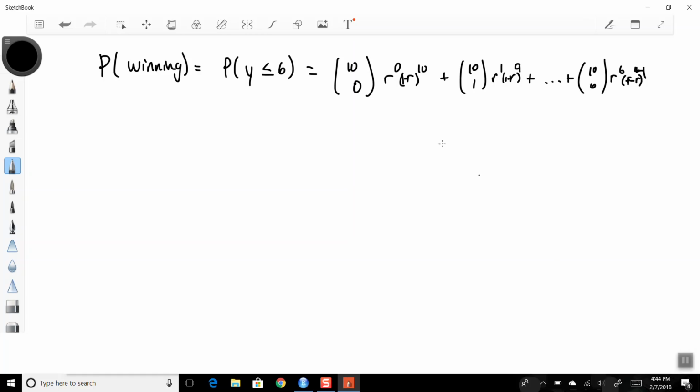So we have that, except R now is not a single value anymore. It is a distribution.